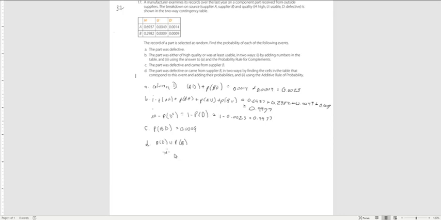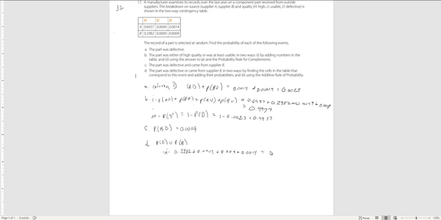So in this case, this is adding anything from B, so this is the probability that B is high quality, 0.2982, plus the probability that it's from B and it's usable quality, 0.0009, and it's from B and defective, 0.0009. And we also have from A, if it's from A and defective, then we'll add that in as well, 0.0014.